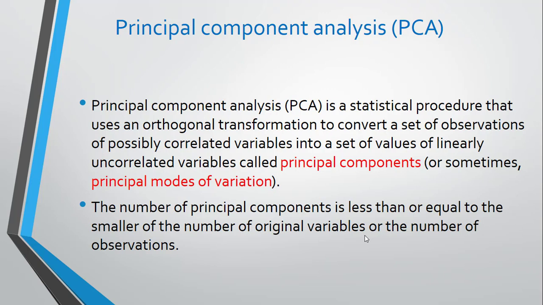Basically, we want to convert the set of observations of possibly correlated variables into a set of values of linearly uncorrelated variables. These are the principal components. The number of principal components is less than or equal to the smaller of the number of original variables or the number of observations. So we are reducing the data, simplifying the data.